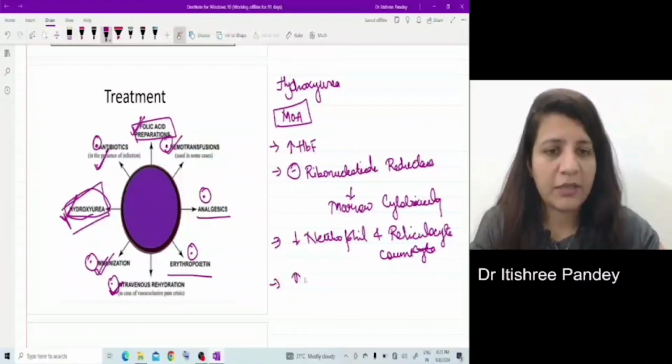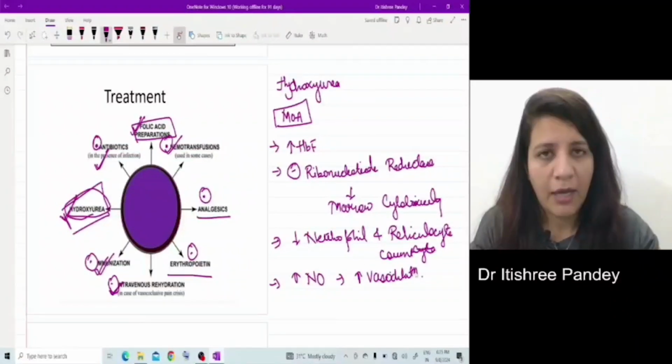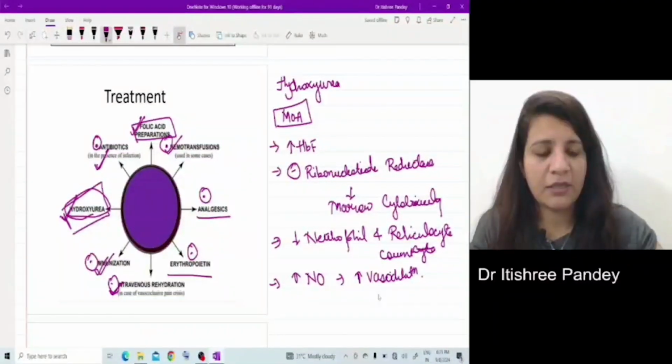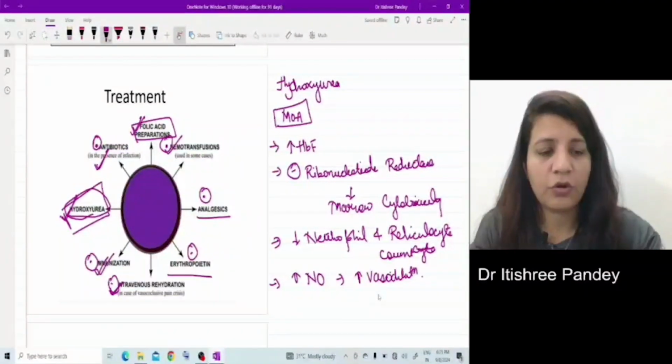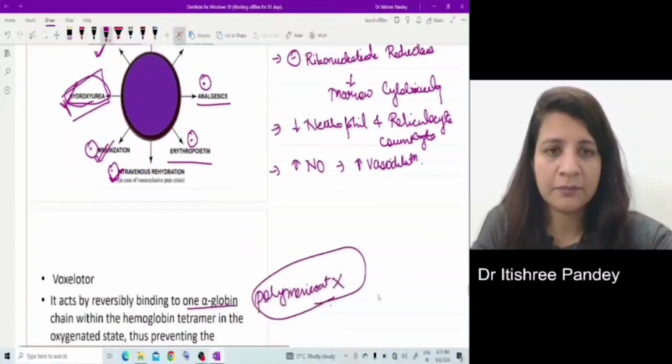It also increases the release of nitric oxide, which increases vasodilatation and hence inhibits occlusion and decreases the episodes of vaso-occlusive crisis. So this is the mechanism of hydroxyurea therapy in sickle cell disease.